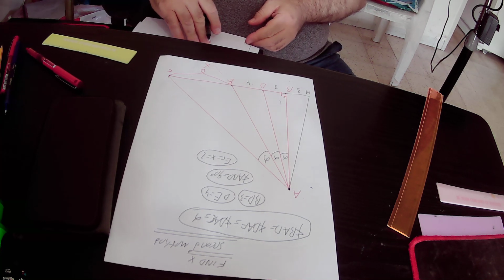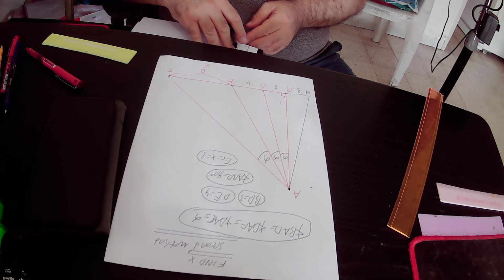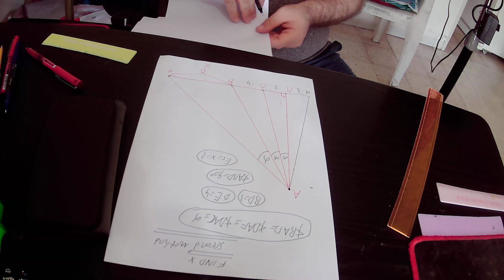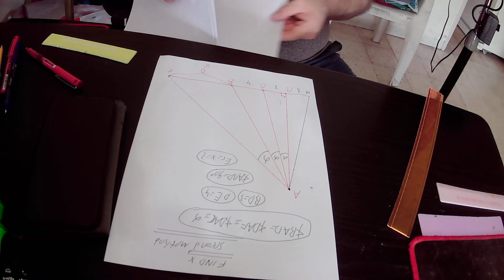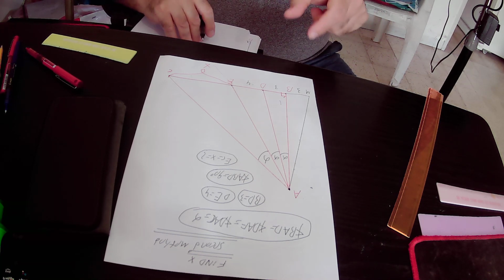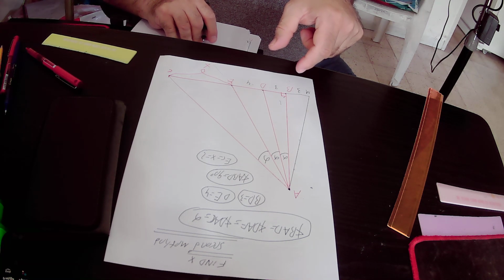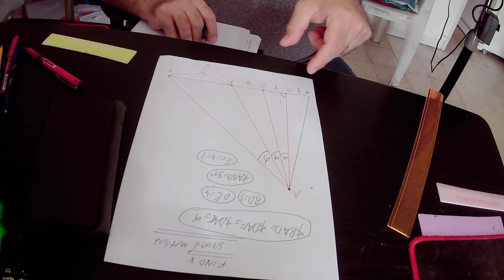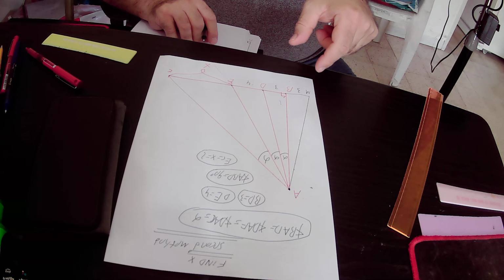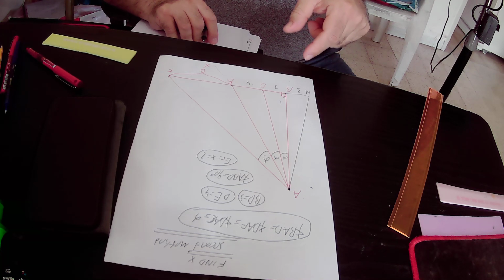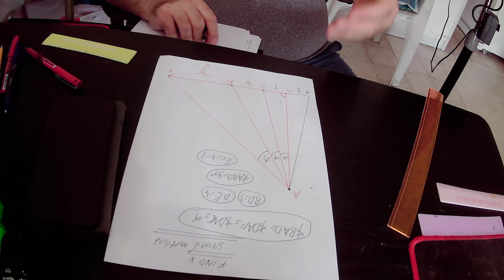We know that MD is a straight line, because BD is the side of a triangle, and we extended BD, so it was a straight line and it will remain a straight line.